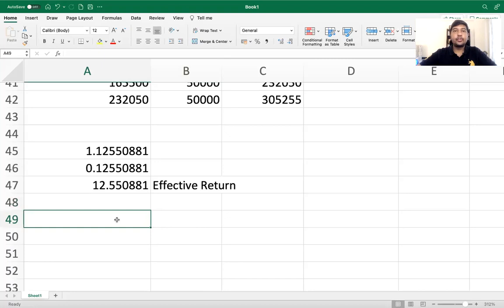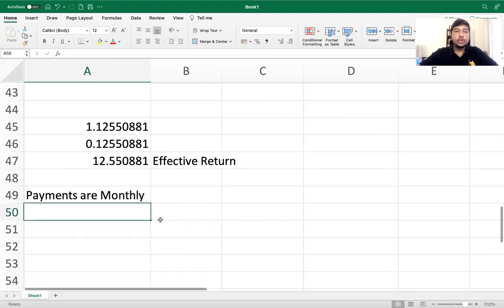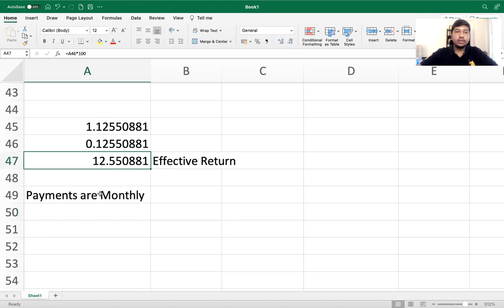Now, the next thing that you have to do is that this effective return is annual and your payments are monthly. Okay, so you need to match this and see, if this is the effective return, what will be the monthly effective return.